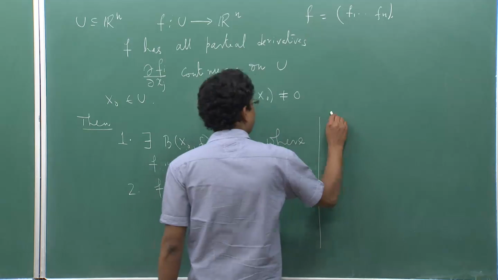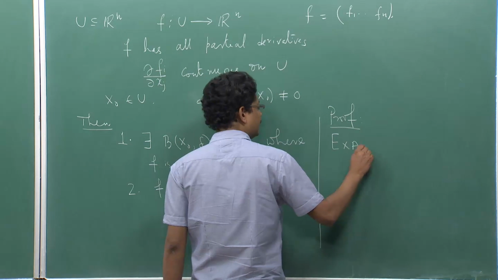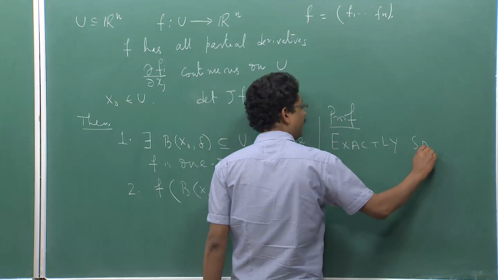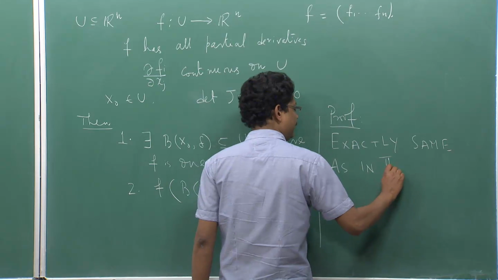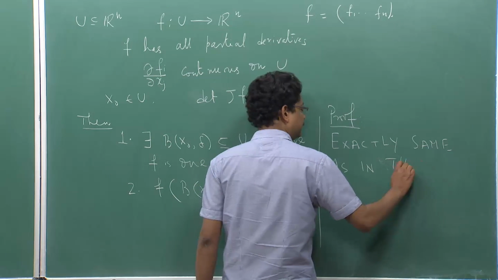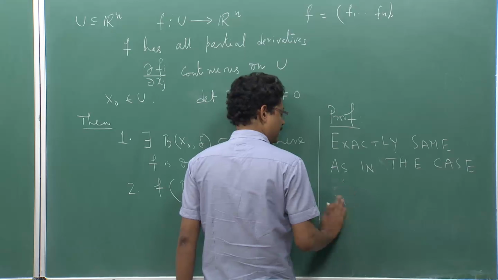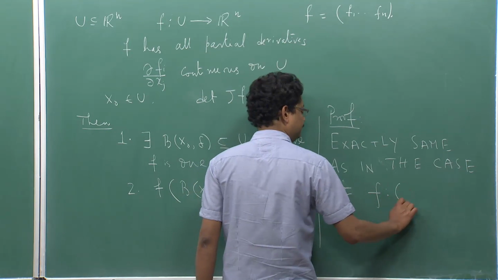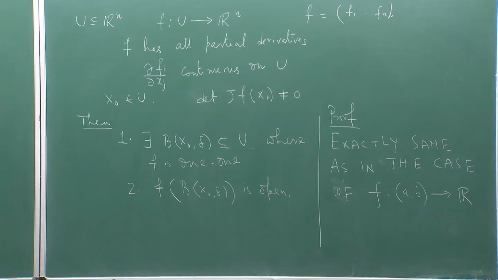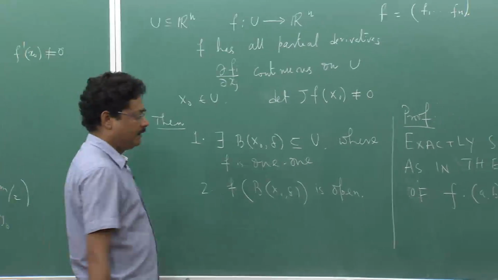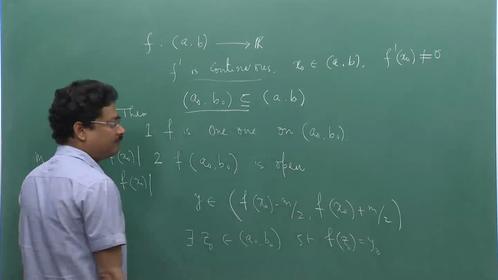And the proof, here I write exactly the same as in the case of f from a b to R, that is, whatever we had yesterday, or whatever the summary is written here in this case, except that we needed to find this interval a naught b naught.